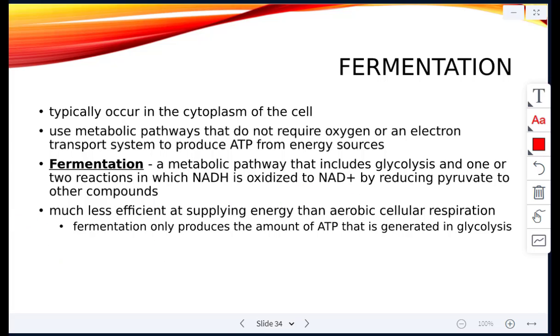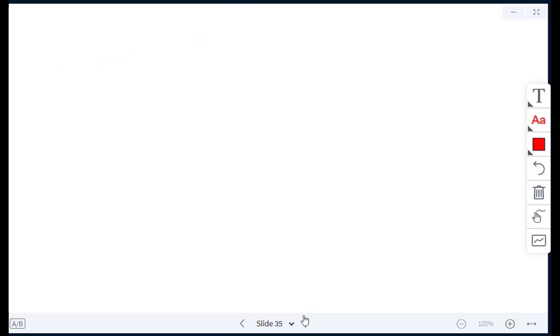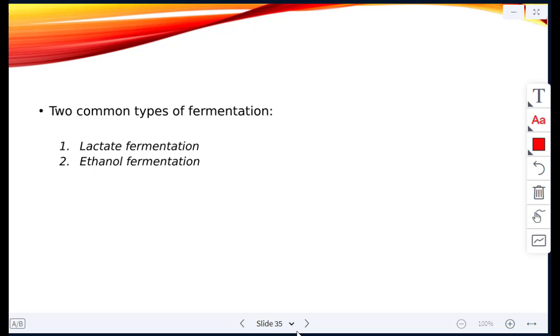Like I said before, it is much less efficient at supplying energy than aerobic cellular respiration. It's only going to produce the same amount of ATP that was generated in glycolysis. So the two types of fermentation we're going to talk about: the first is lactate, the second is ethanol.